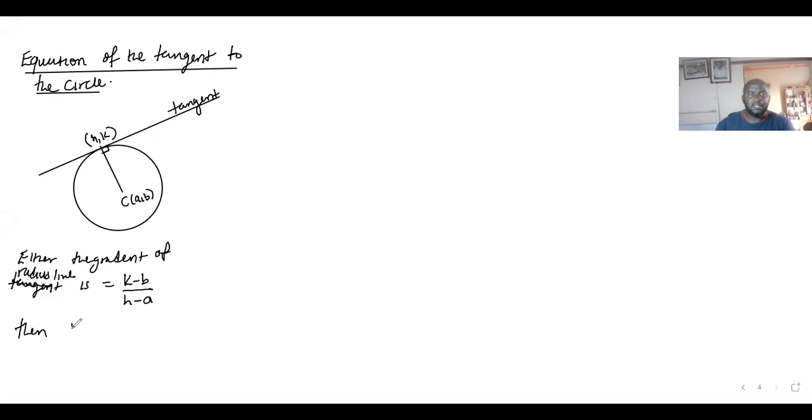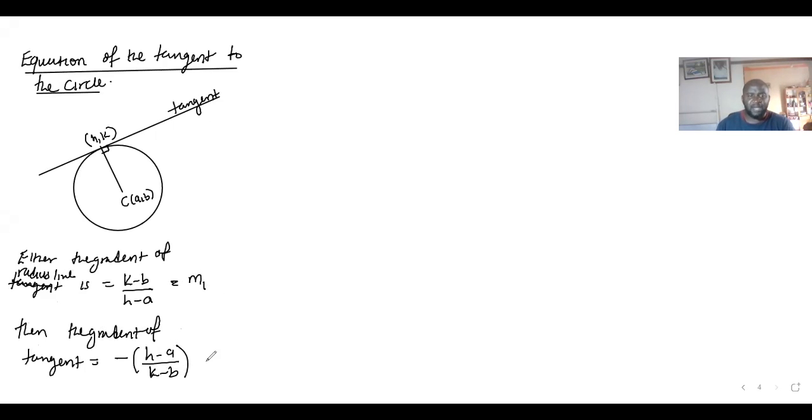Then, the gradient of the tangent will be equal to the negative of h minus a over k minus b. Still from coordinate geometry, I hope now you understand.